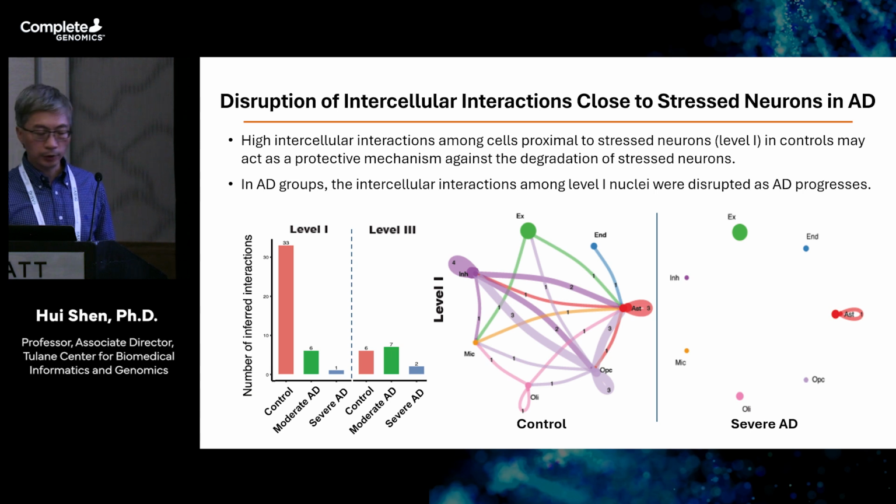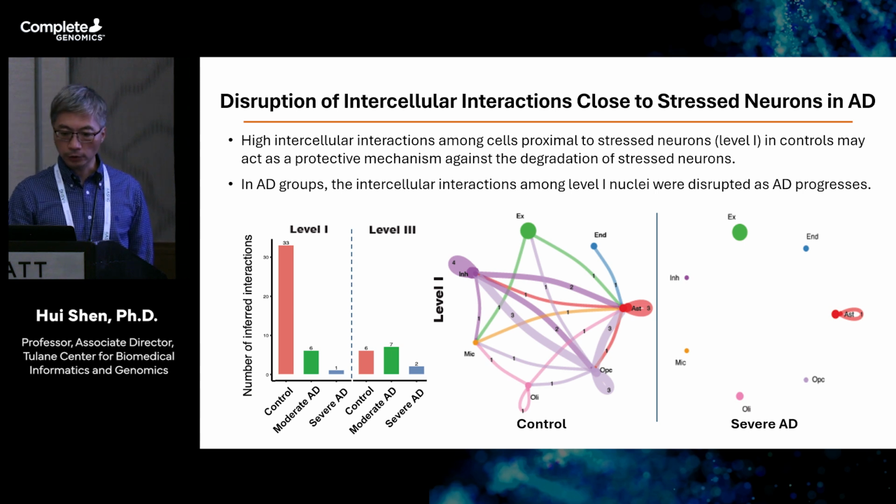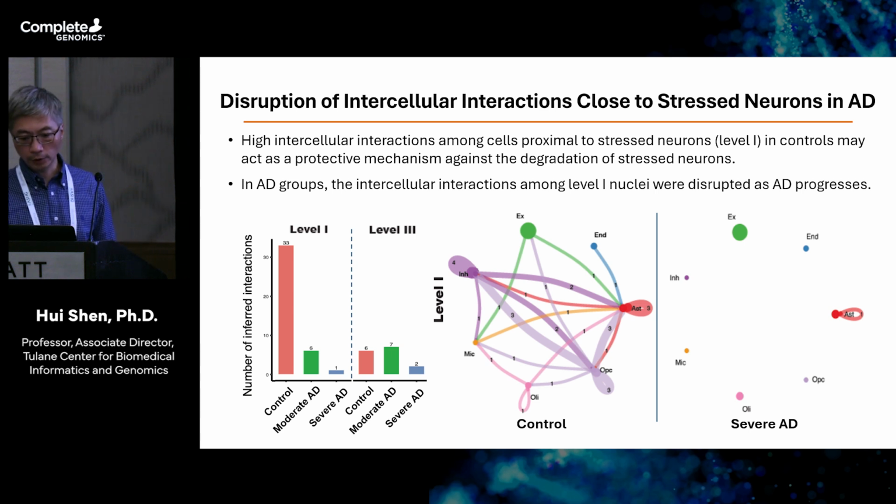Each of the dots represents one nucleus type, the connections between them represent the potential ligand and receptor interactions, and the thickness represents the number of interactions between those different nucleus types. So we can clearly see the intercellular interaction in the severe AD group is disrupted.